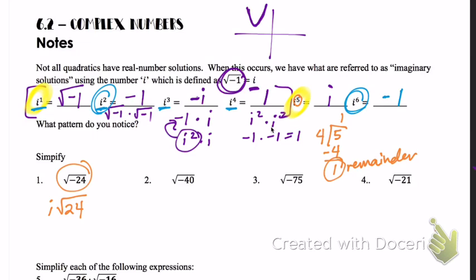So what perfect squares are contained in 24? 6 and 4. 4 is a perfect square. So it's like saying i times the square root of 6 times 4. 4 is a perfect square, so I pull it out and it becomes what? 2i square root of 6.